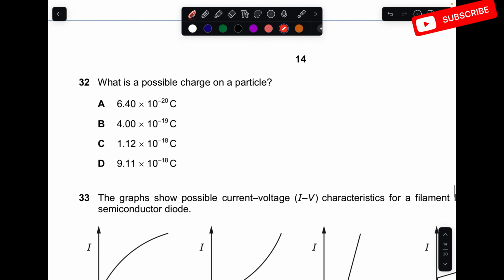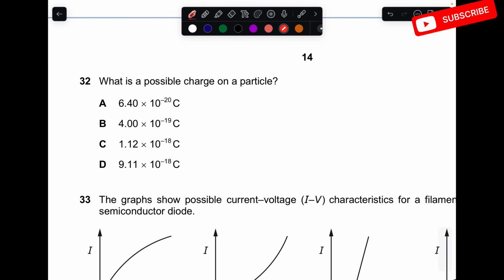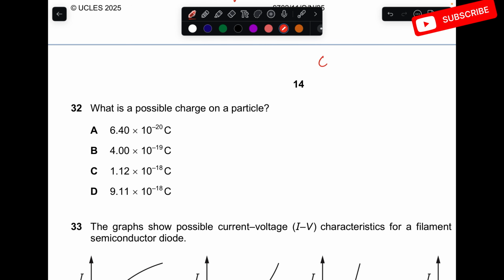What is the possible charge on the particle? What you need to know is that charge is basically n multiplied by e. Whatever the charge is, it should be a multiple of e, which is 1.6 times 10 raised to power minus 19.